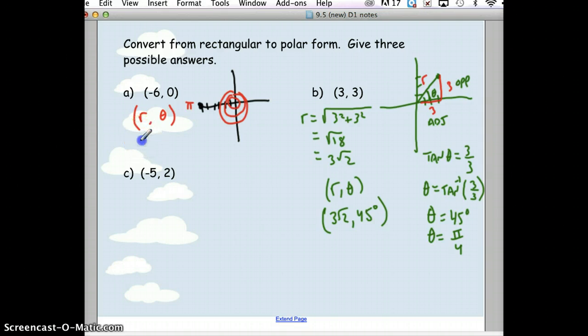So I could say 6 comma pi. Or I could choose a different angle, like maybe I'm choosing 0 as my angle and I'm moving 6 away from it, and it would still be negative 6, 0. That would be the radius, and that would be the angle, which ends up looking just like the rectangular version.